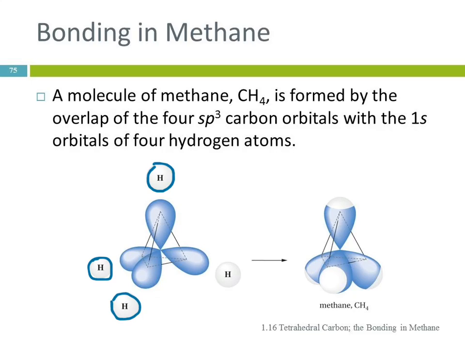So here are the hydrogen atoms with their s orbitals, and as they approach, the s orbital of the hydrogen overlaps with the sp3 orbital of the carbon and forms a sigma bond. And again, you can't really see them very well. Oops, it's down here. But those are the hydrogen atoms. And this gives us the predicted shape of methane, the tetrahedron.